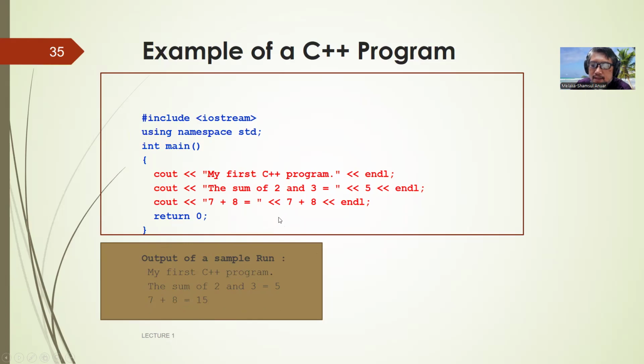Okay, so it shows that anything you write in between the quotation marks will just be dumped out as the output, whereas for 7 plus 8, it'll do the calculation for it. 7 plus 8 will be 15.